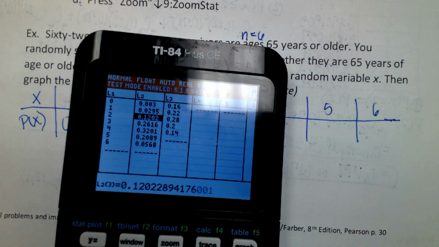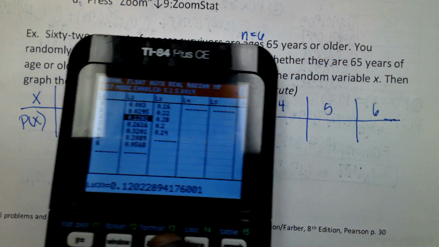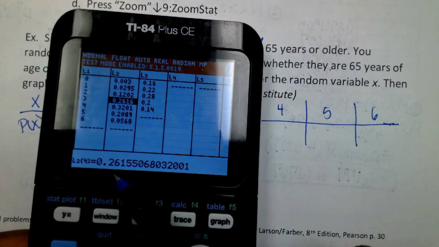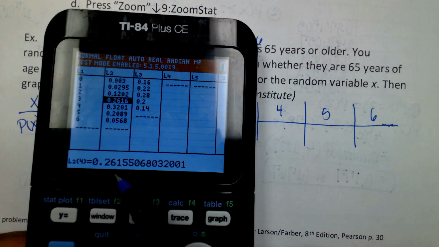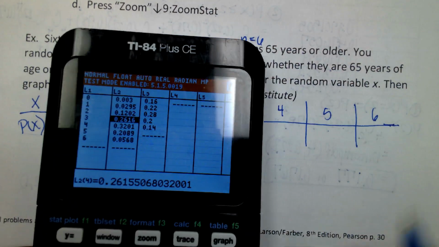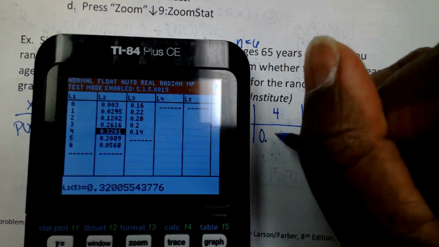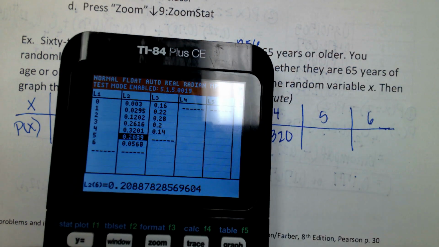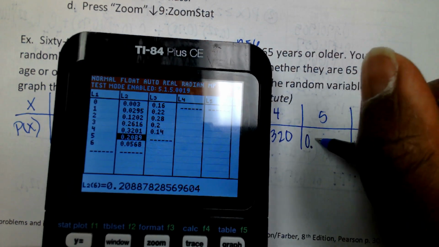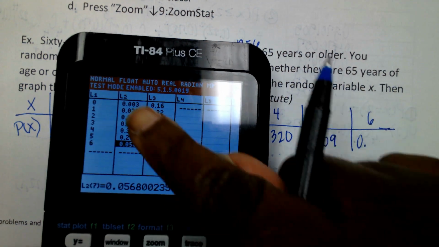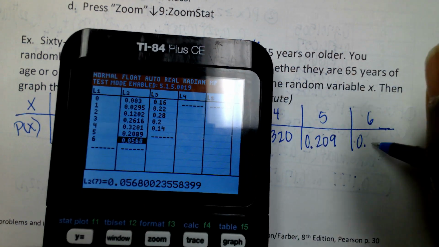And number 2, 120. Number 3, 262. Well, it depends on however they tell you to round it, because you normally don't get a choice of how to round. They're going to tell you how to round it. But don't rely on this, rely on the bottom number.